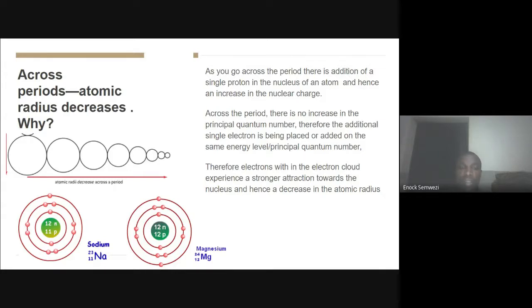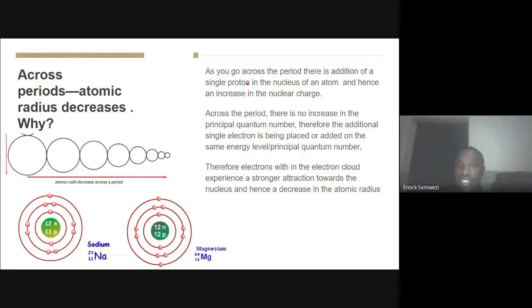However, the principal quantum number does not increase, meaning that electrons are being placed on the same principal quantum number, or the same energy level, meaning that the distance apart does not increase. Therefore, such electrons experience a stronger pull towards the nucleus since they are all being placed on the same principal quantum number.